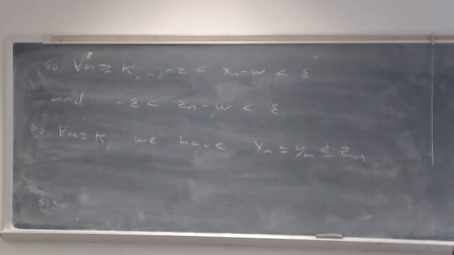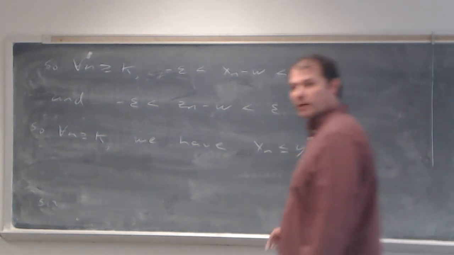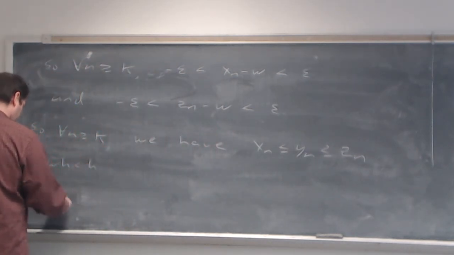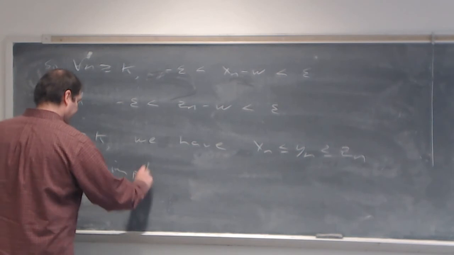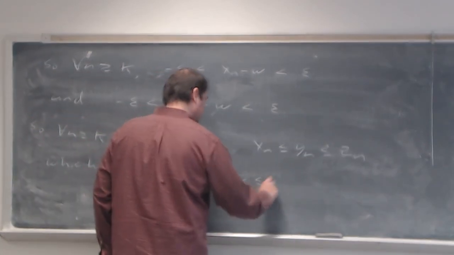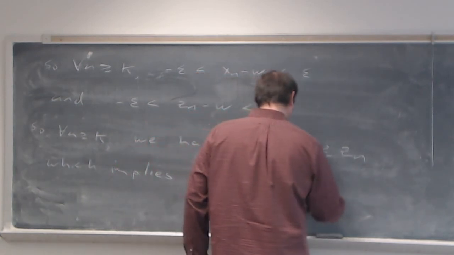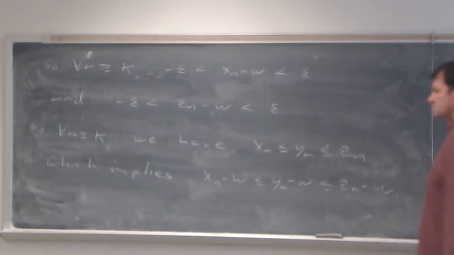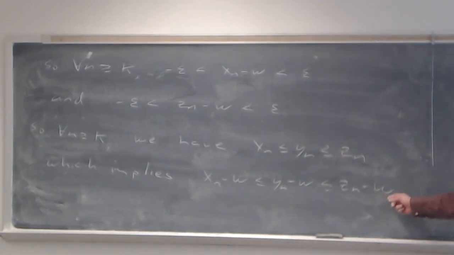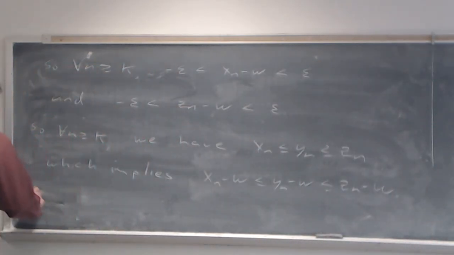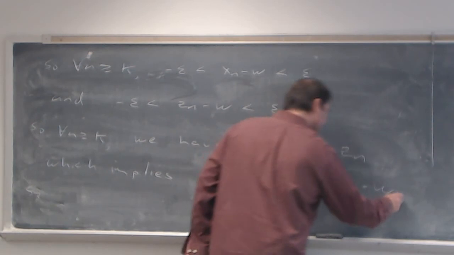Now I'm going to subtract w from each part, which implies x sub n minus w is less than or equal to y sub n minus w, which is less than or equal to z sub n minus w. This is really a true statement for all natural numbers, but I'm just concentrating on the ones bigger than or equal to k.